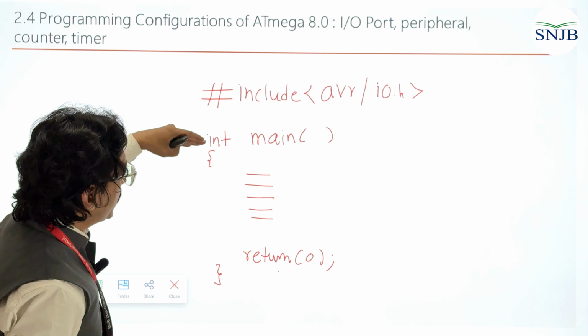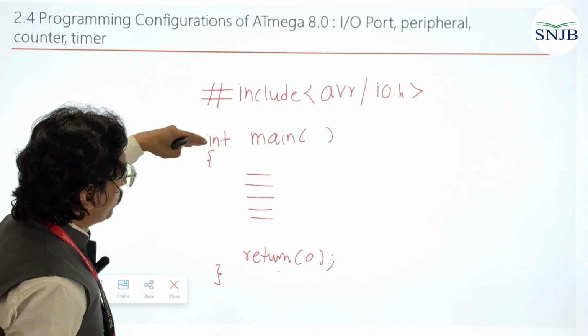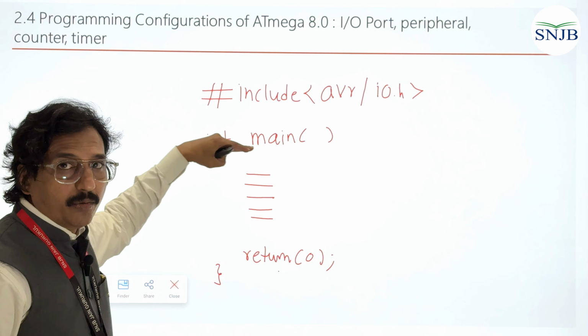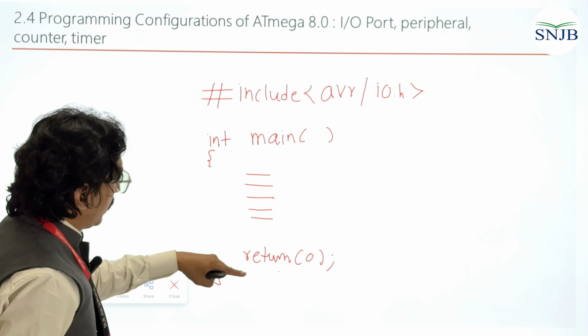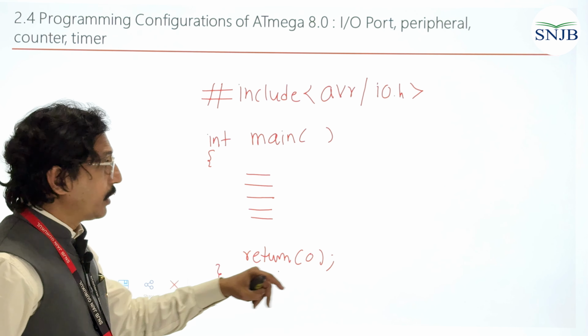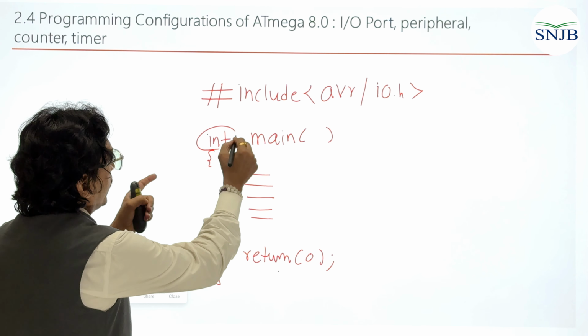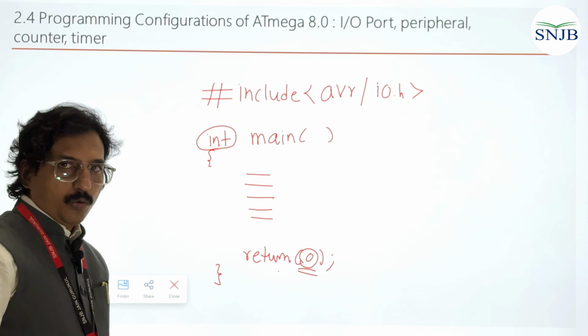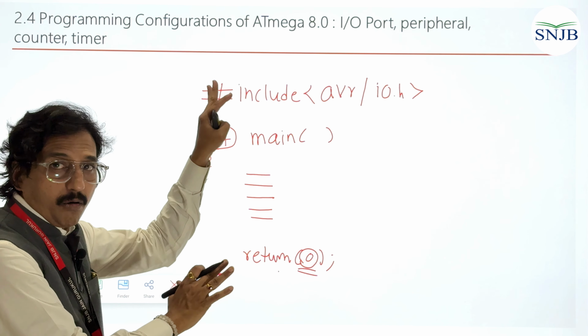Then we have to mention that the execution of the program should start at main, and at the end we write return 0, because here we are returning the integer value 0. So this is the structure of any program.